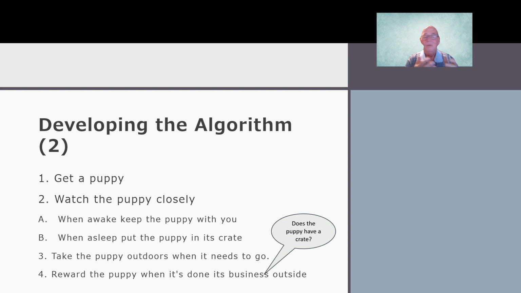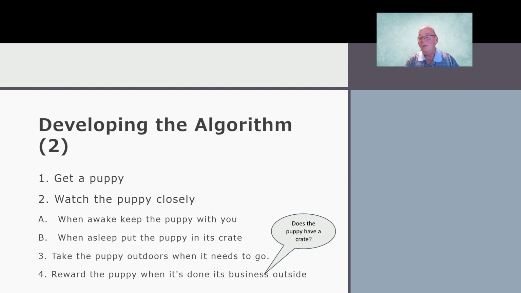In case you're wondering what that's all about, if you haven't raised dogs, dogs do not like to poop or pee where they sleep, just like we wouldn't like to do that either. So if you put them in their crate, they will hold it as long as they're physically able to do that. And generally what happens is they'll hold on to it until you get up and you take them outside.